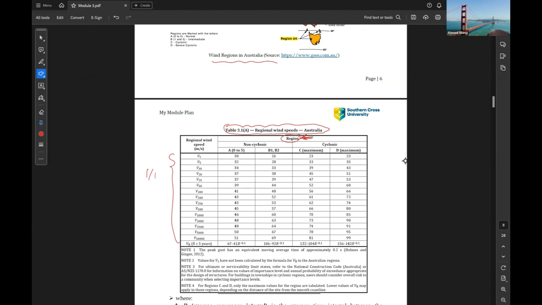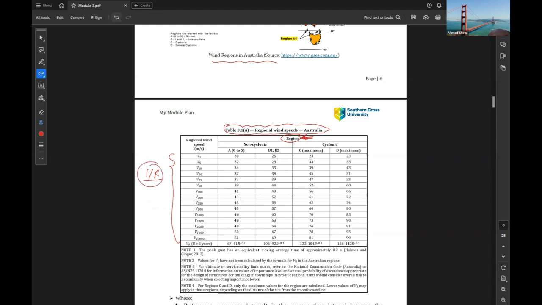This is called 1 in R, which is the recurrence interval. The recurrence interval R can be found from this table.